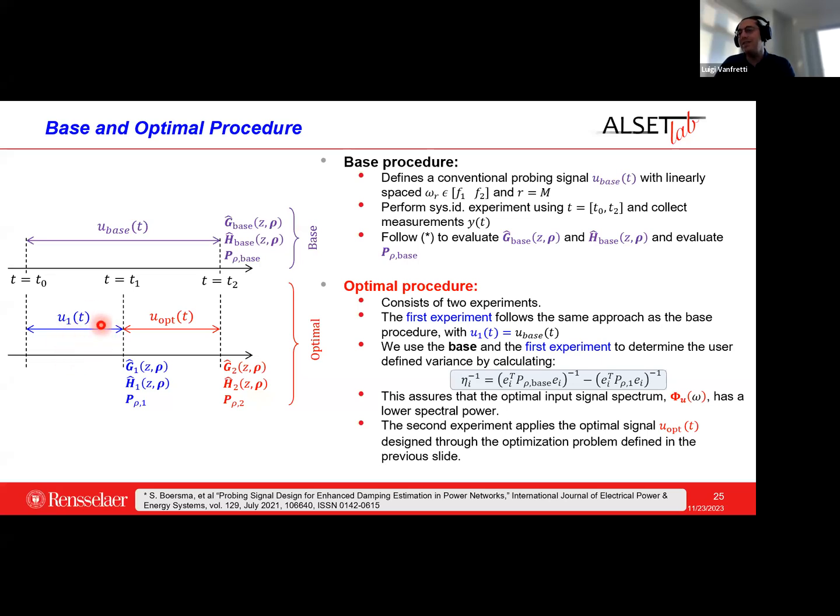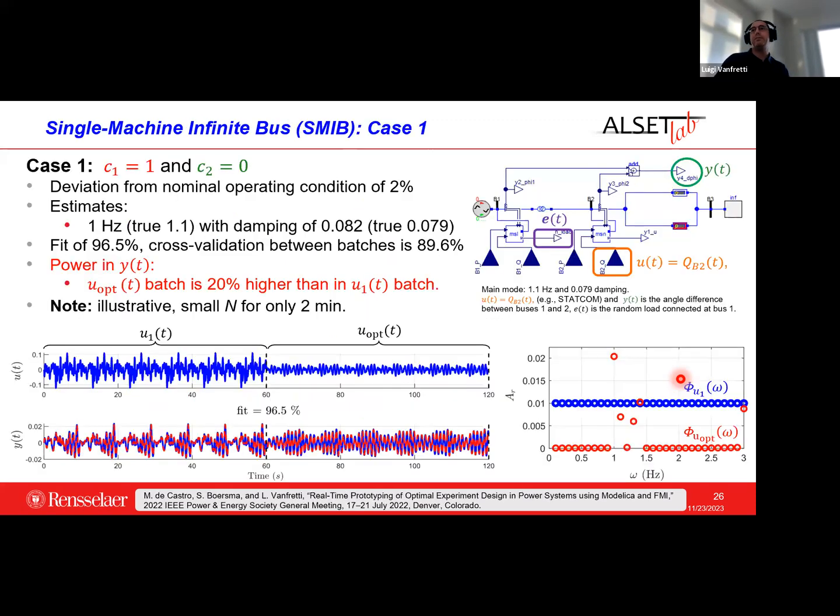When we apply this signal, we can calculate the variance that we get with a dumb signal, and that variance will be used as a constraint when we apply the optimal signal. So here, we're figuring out that if you apply this dumb signal, you're going to get this variance. Therefore, our optimal signal has to have better variance than that. That's what we call a user-defined variance, but we do have this approach to calculate it.